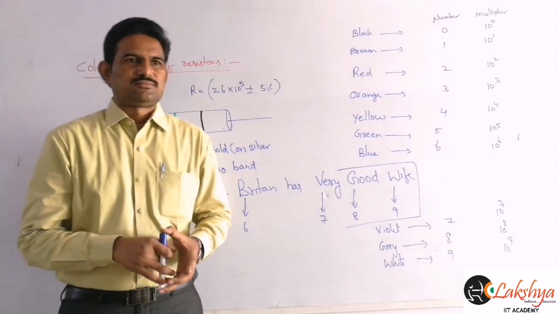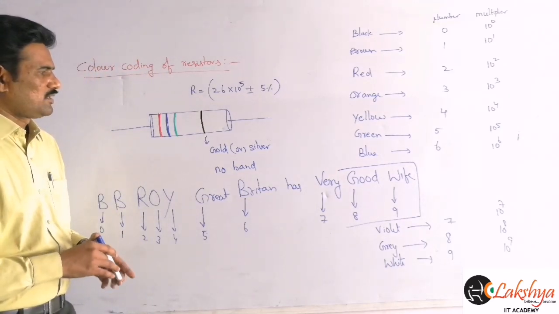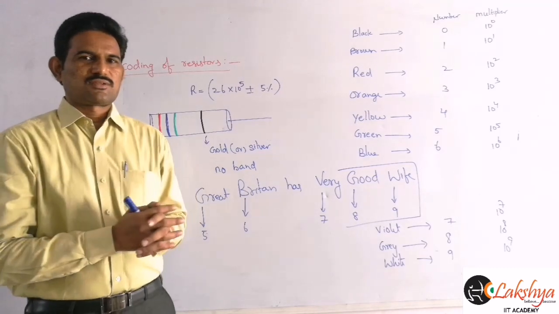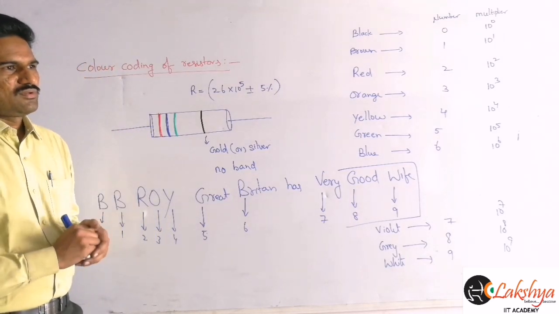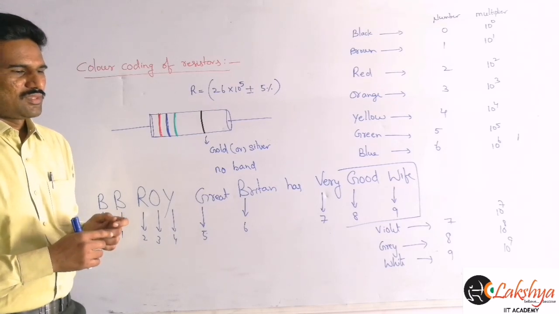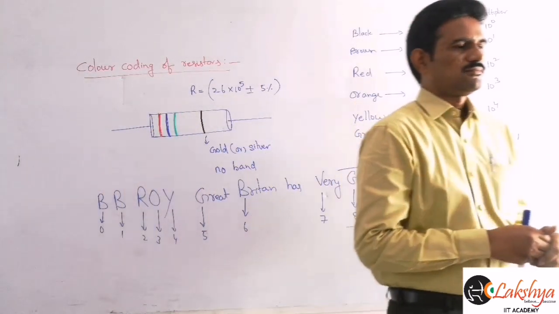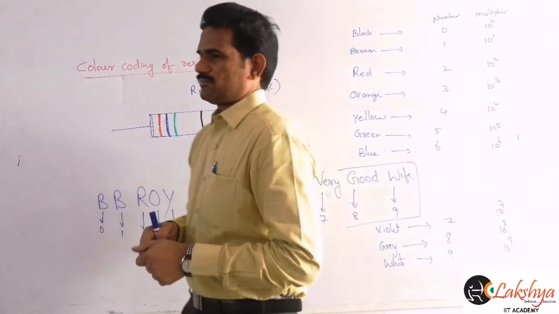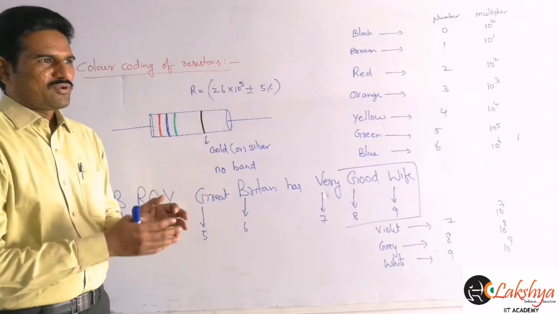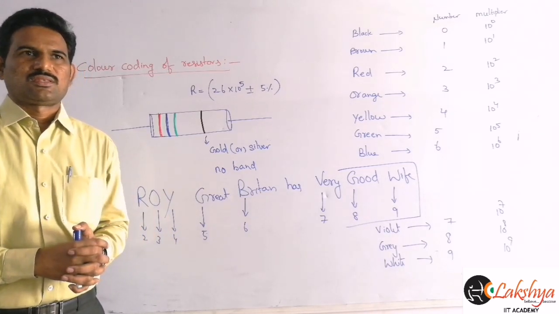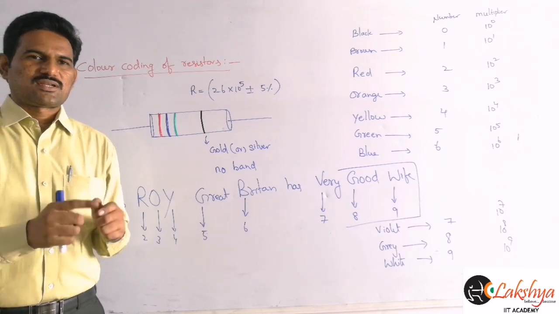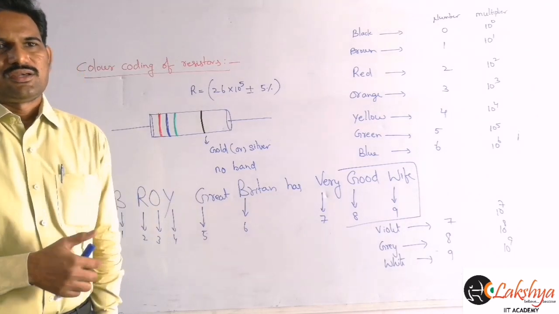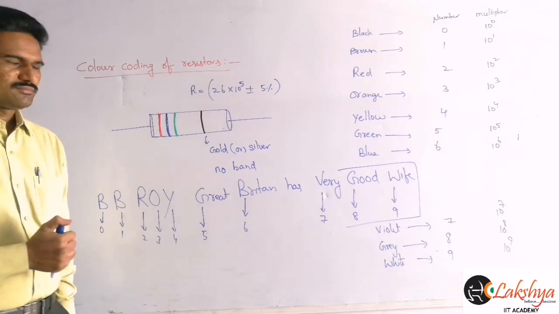In general, there are 3 bands on the resistor close to each other, which represent the value of resistance, and a fourth band, far from these three bands, in brackets write if any, gives the tolerance of the resistance.